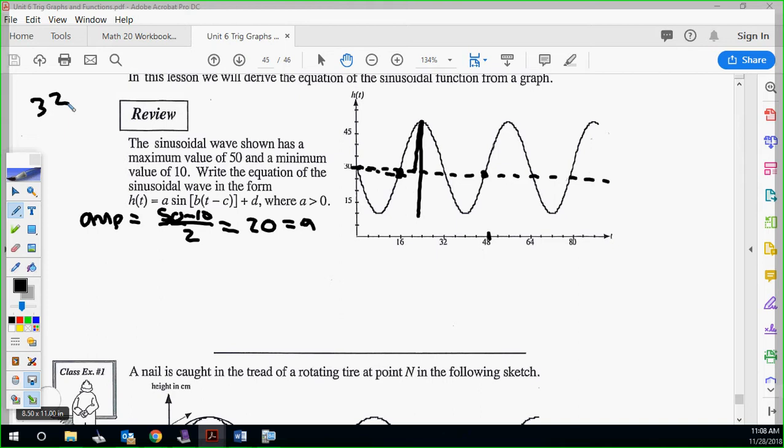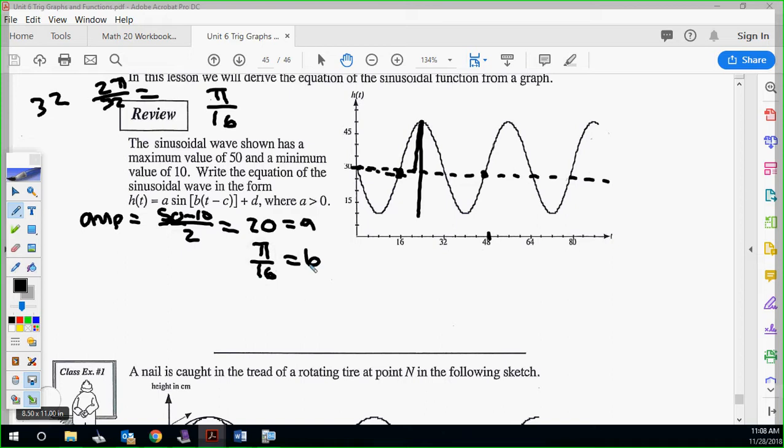You can do it 2 ways. I think it's easier to go 2 pi divided by 32. So that's going to be pi over 16. Okay? So pi over 16 is b.